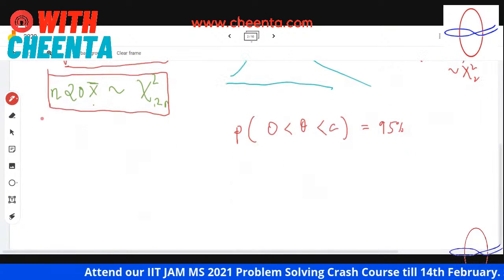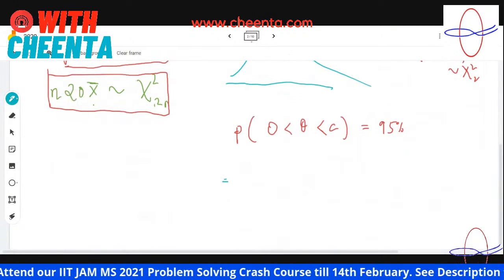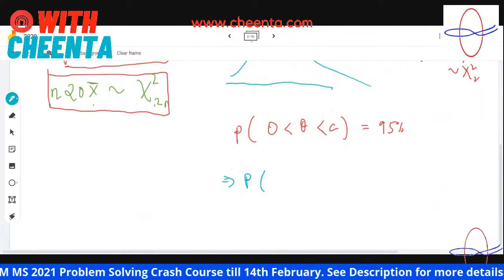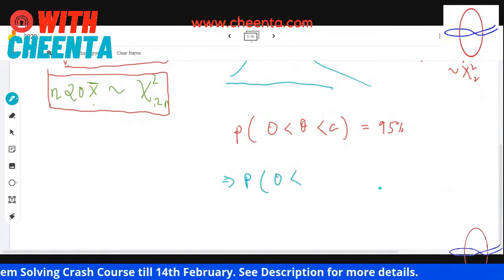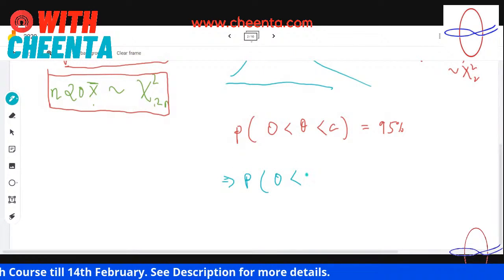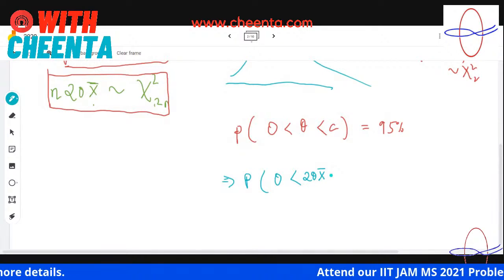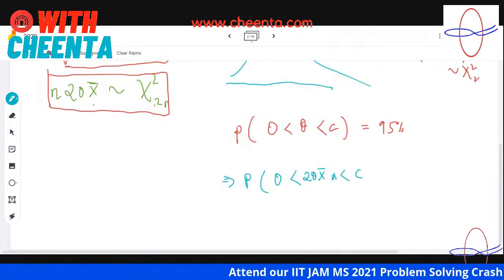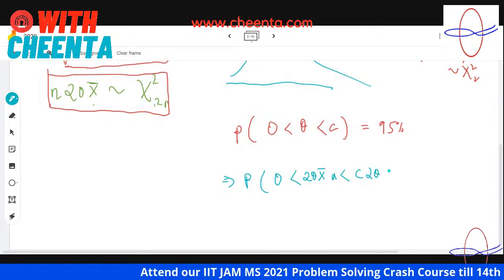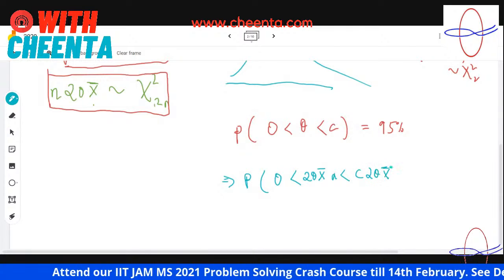So what do we want? That twice x bar is less than C, twice theta x bar n.